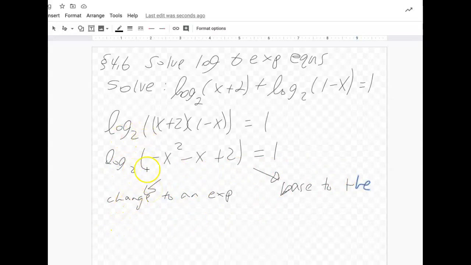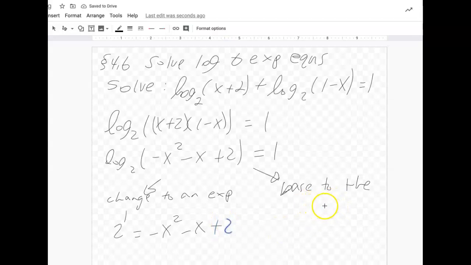So if we change this logarithm to an exponential, what we think about as the base of the log is the base of your exponential. The logarithm is equal to the exponent, and then this is going to equal the argument.